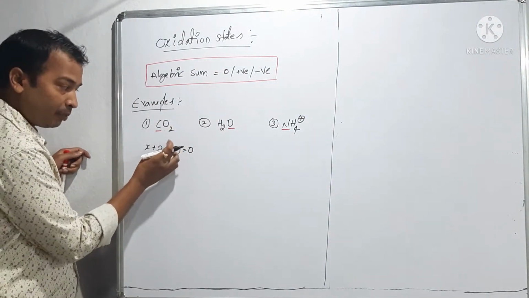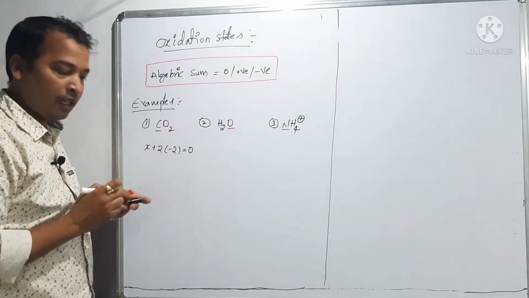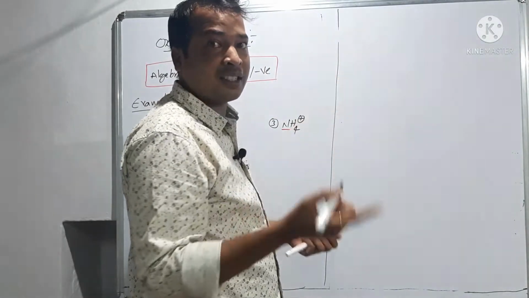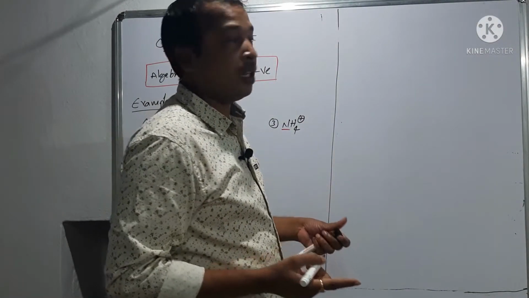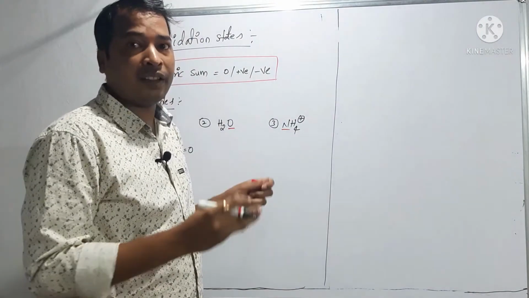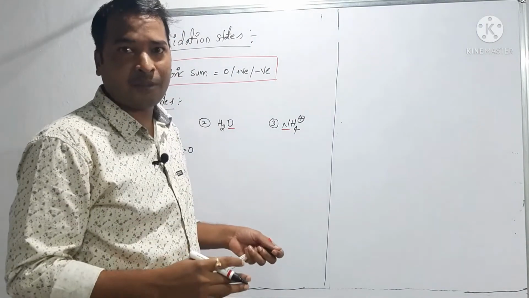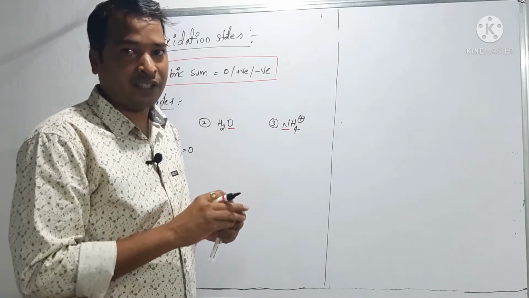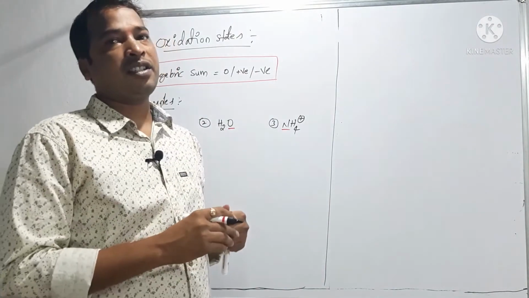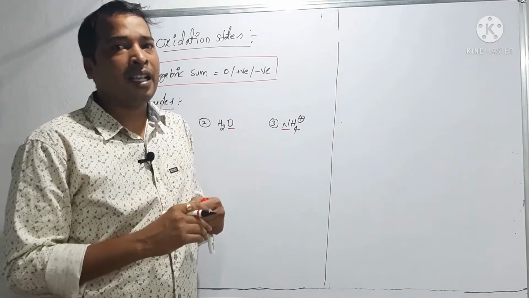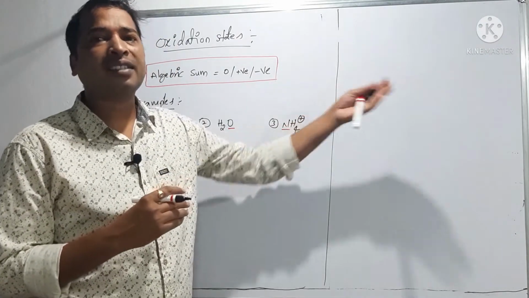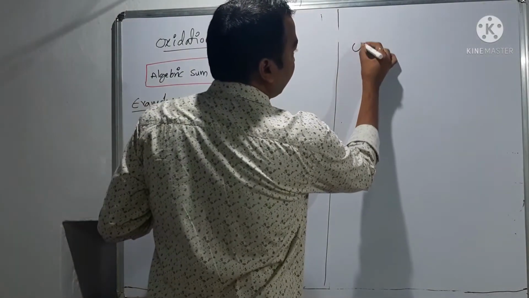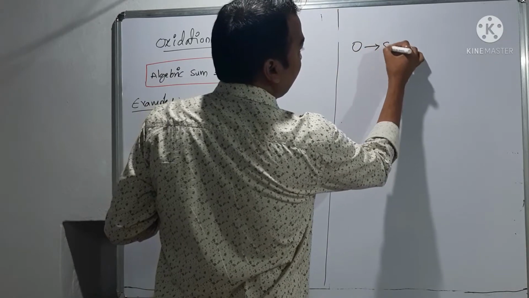How did I take this -2 on oxygen? In the periodic table, the noble gas elements are the stable elements. Every other element in the periodic table tries to gain stability by participating in chemical reactions. By participating in chemical reactions, they either lose or gain electrons to gain the noble gas configuration. Here I am taking oxygen, whose atomic number is 8.